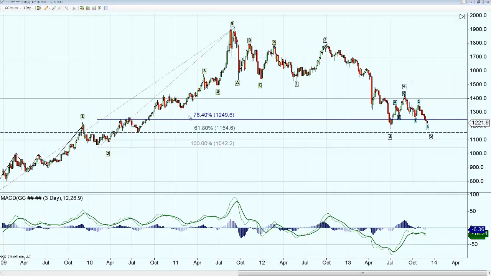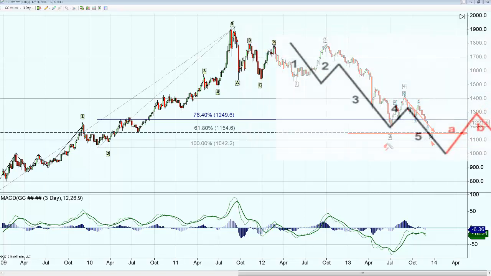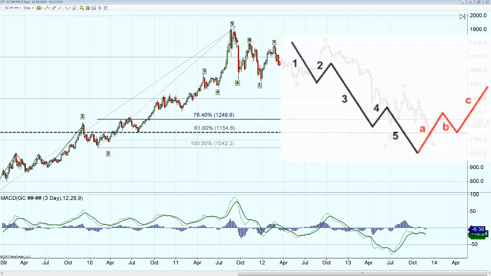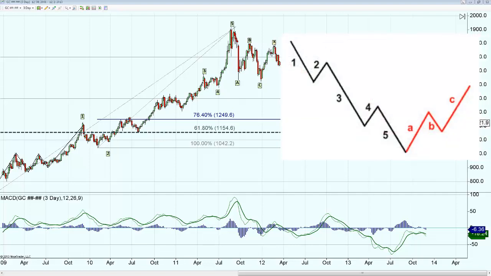I think that we are getting close to the conclusion of this fifth wave, and I also believe that this fifth wave will show us the lows that we are going to achieve really for probably the first half of the year, because once we conclude this fifth wave, whether it's as a flat or a bear market truncation or a standard 1, 2, 3, 4, 5, in which wave 5 falls below wave 3, in either case, we are going to see bottoming activity. We are going to see a cessation of the price declines that have been so prevalent in 2013, and I will be looking for higher pricing in gold.